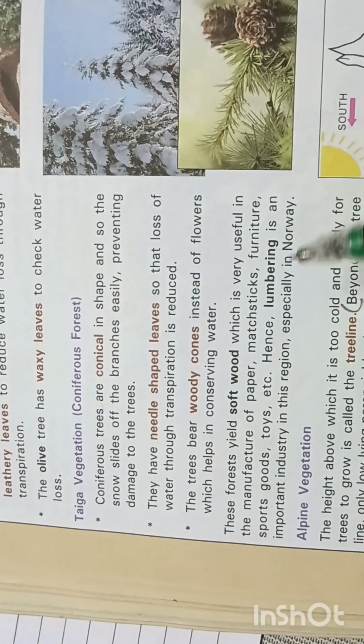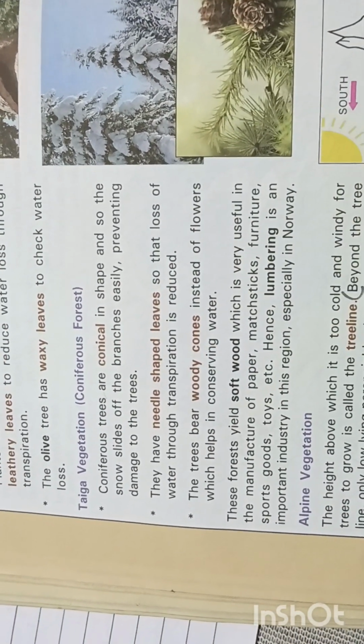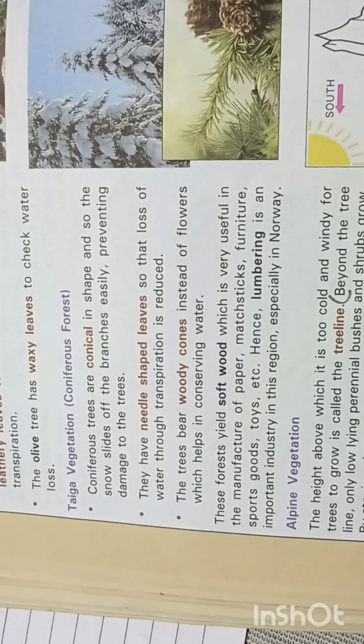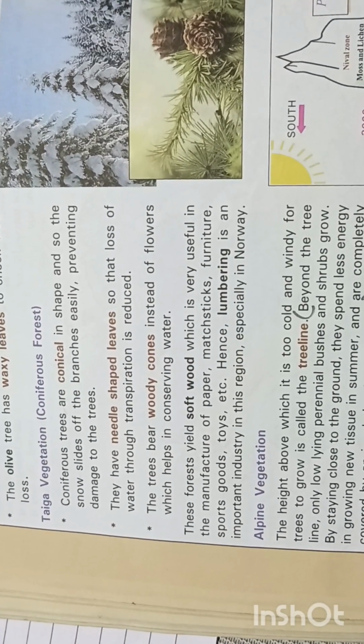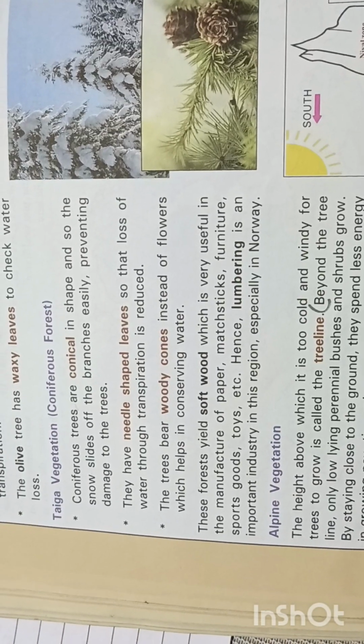the trees. Then they have needle-shaped leaves, so that the loss of water through transpiration is reduced. That's why they have a needle-like shape. They have thin leaves. The trees bear woody cones instead of flowers, which helps in conserving water.